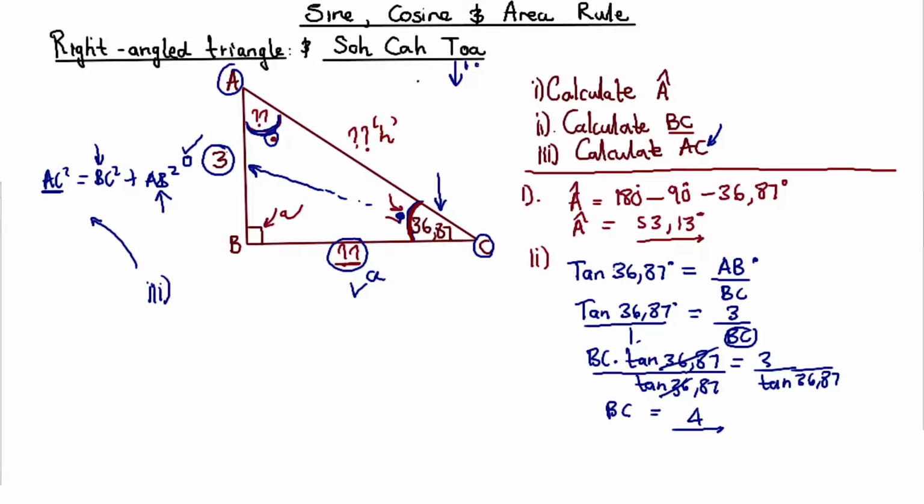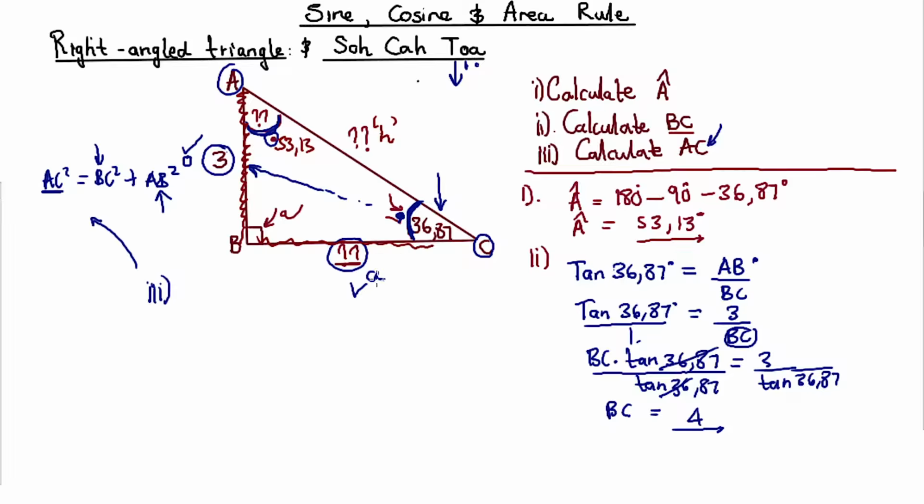You know what, let's make things a little bit interesting. Instead of referencing the same angle over and over, how about we work with angle A this time around? 53.13. So this angle A is now our reference angle. If 53 is the reference angle, that makes AB the adjacent side and BC the opposite side.